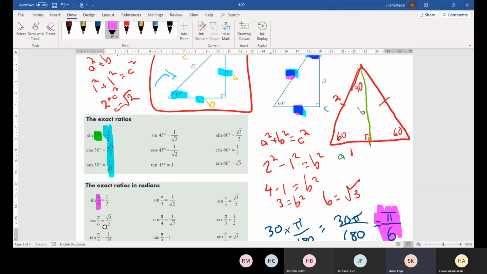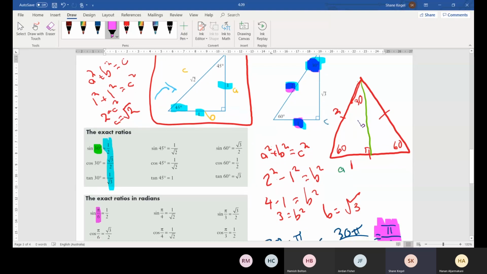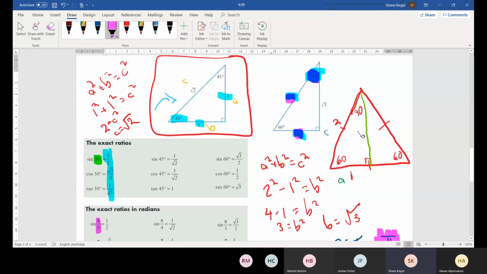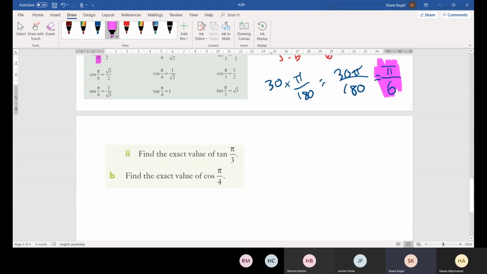If you're asked to find exact values, it's good to remember how those two triangles are derived. They are in your reference sheet though, so using those triangles, you'll be expected to derive your exact ratios. You just look at the triangle and say if sine was at this amount, then O over H, and that's how you get your exact fraction or your exact number.